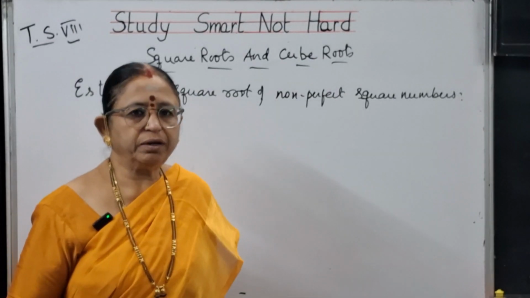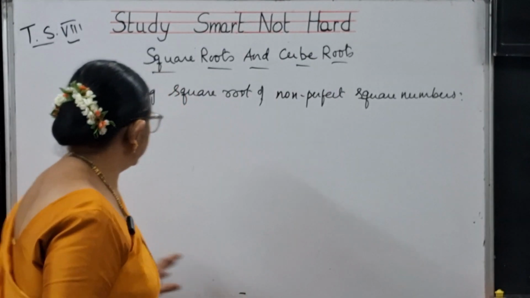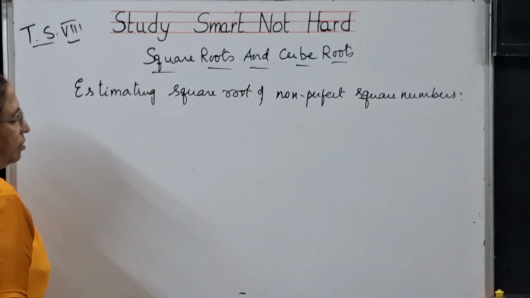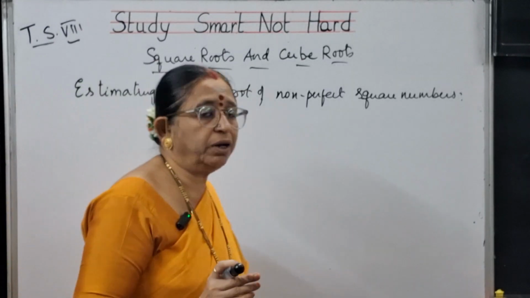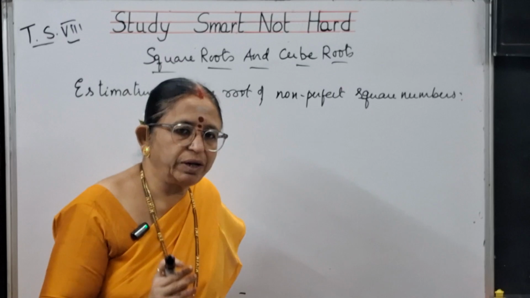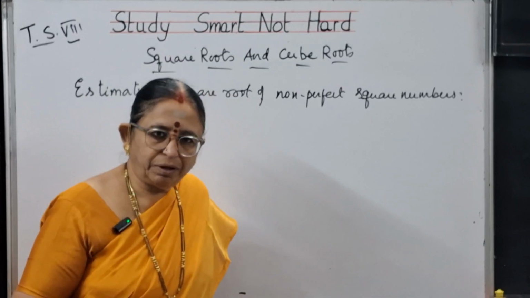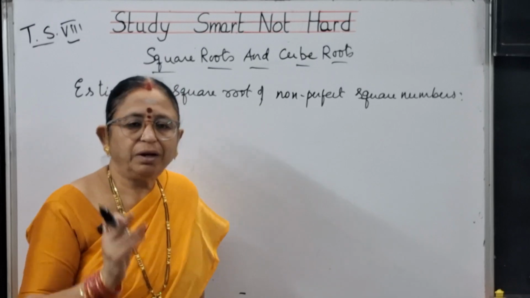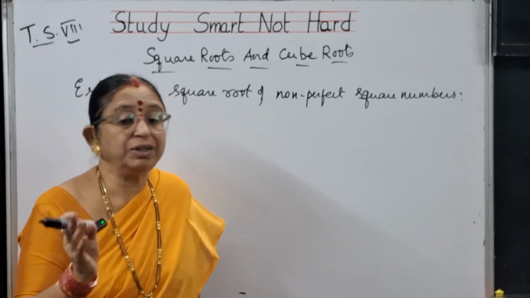Now the next part of this syllabus is estimating square roots of non-perfect square numbers. We have done now how to find the square root of a given number and how to find the square root of a decimal number by using the division method.